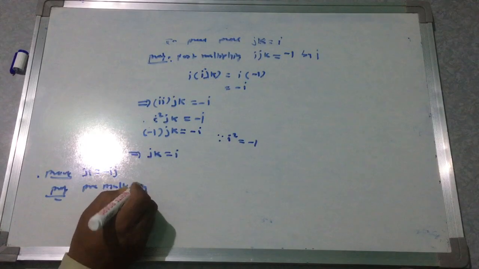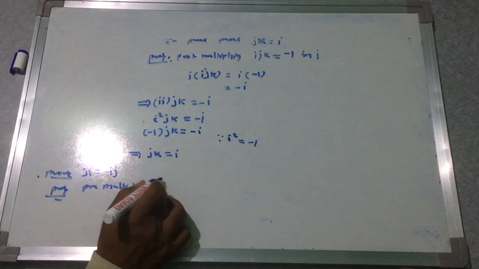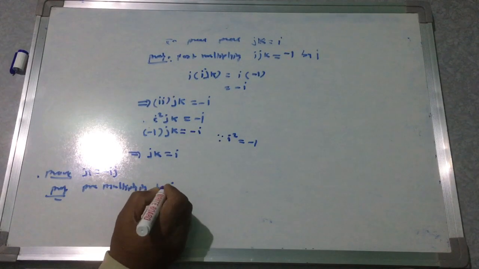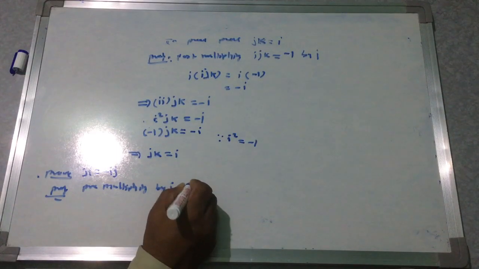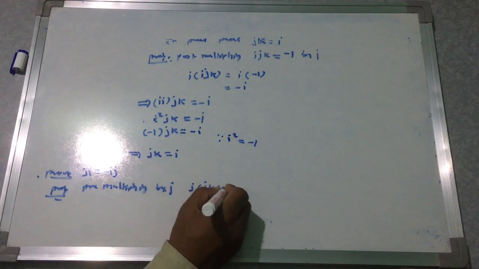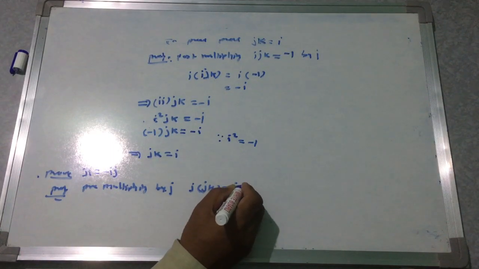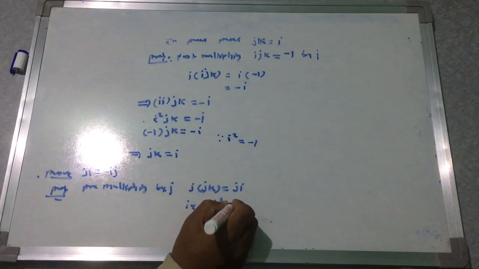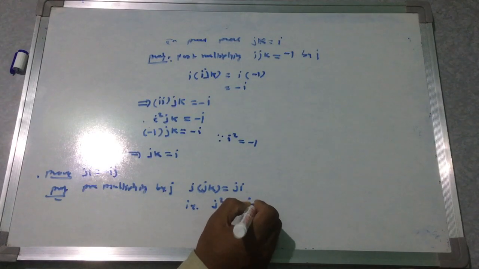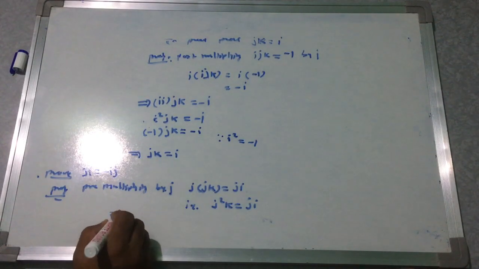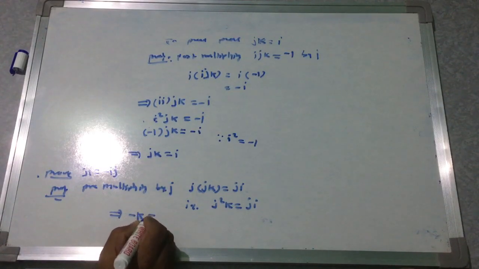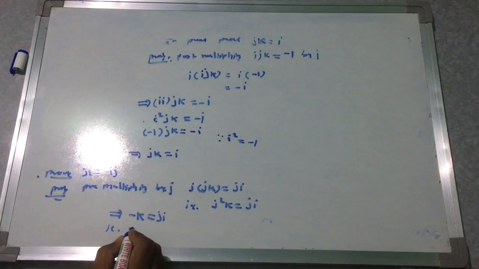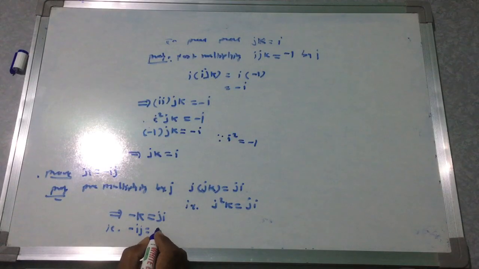Multiplying by J, we get J square K equal to J into I. Minus K is equal to J into I, that is minus I into J is equal to J into I.